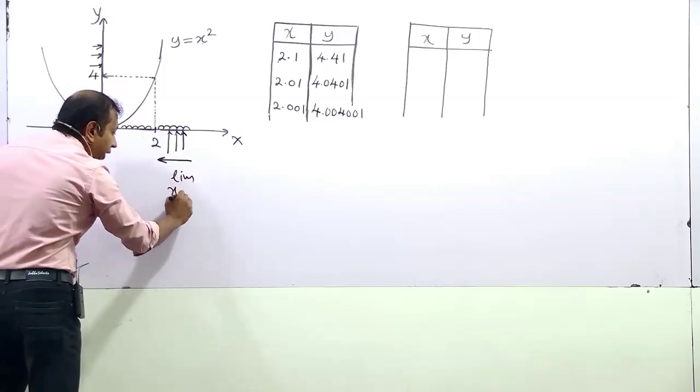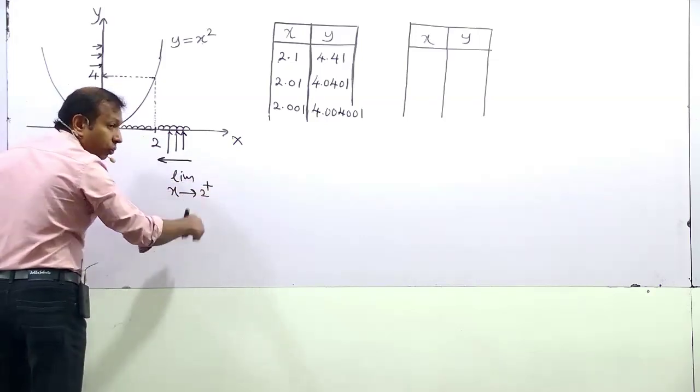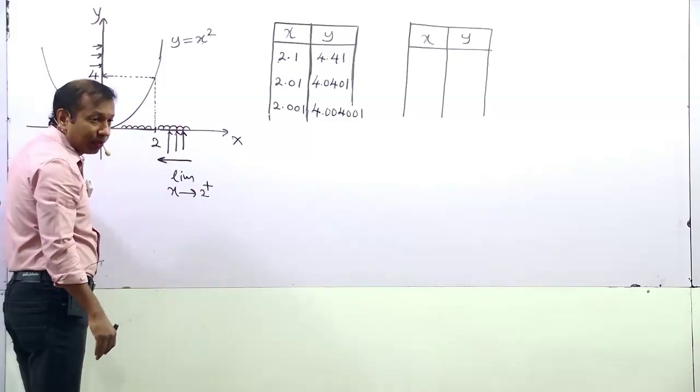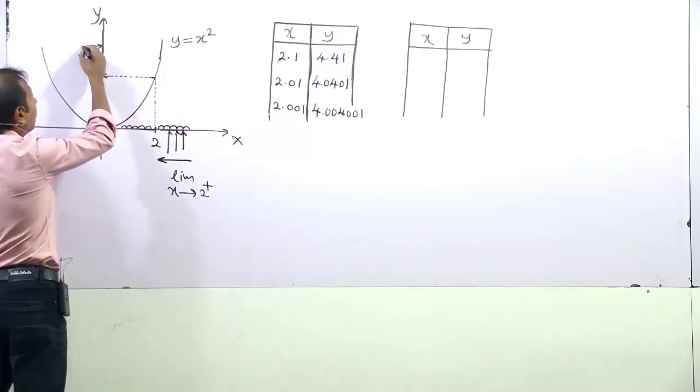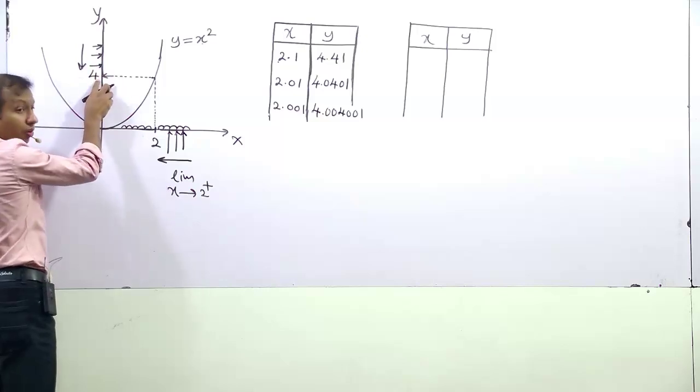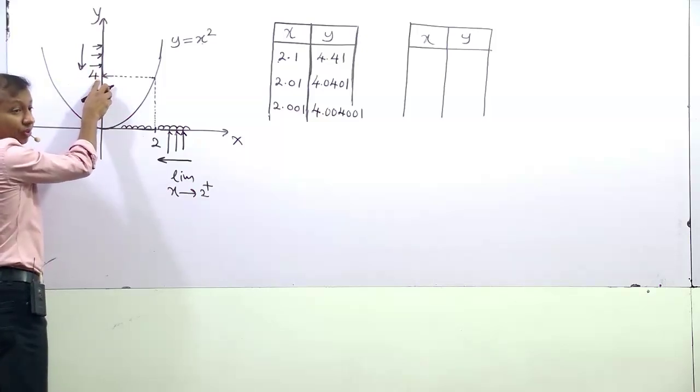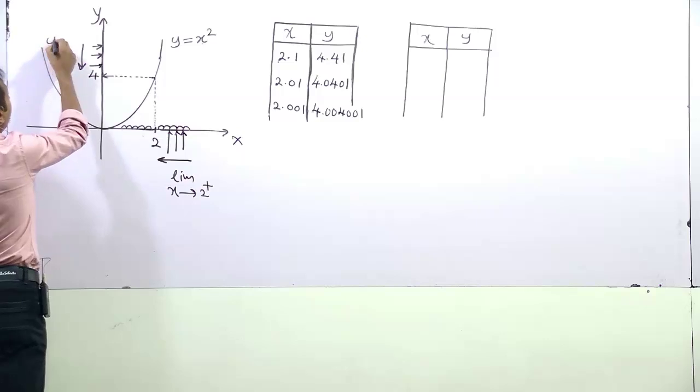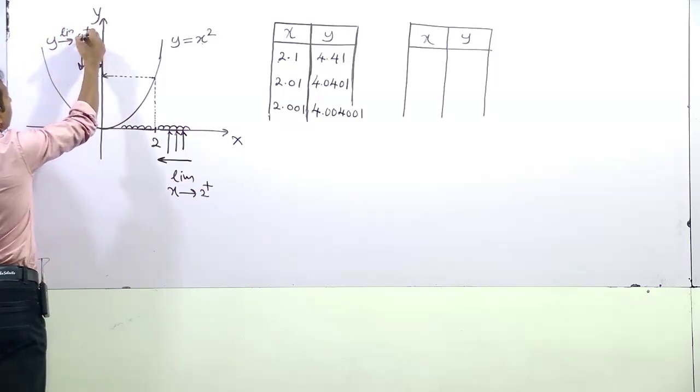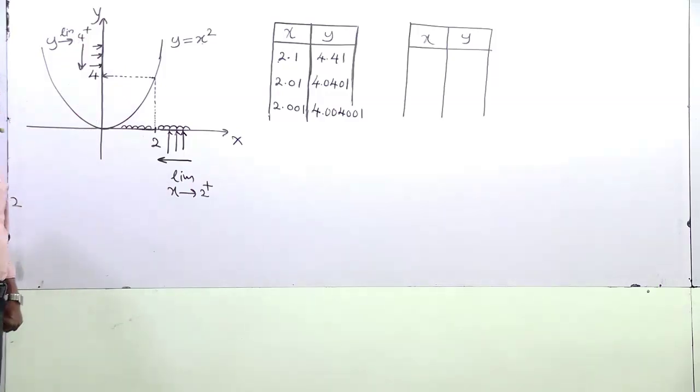Limit x approaches 2 through greater values than 2. What can you say about the y values? Y values are coming to 4. So here, y goes to 4 through values which are greater than 4.